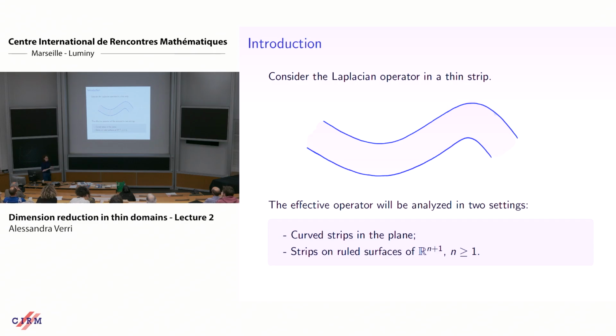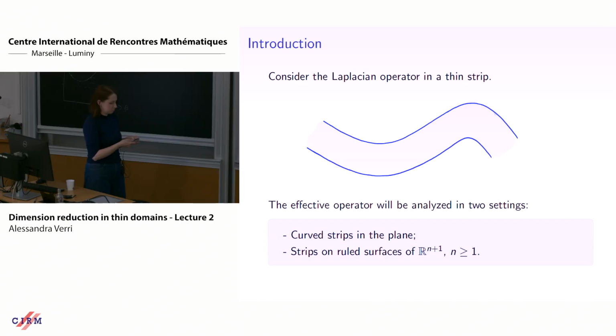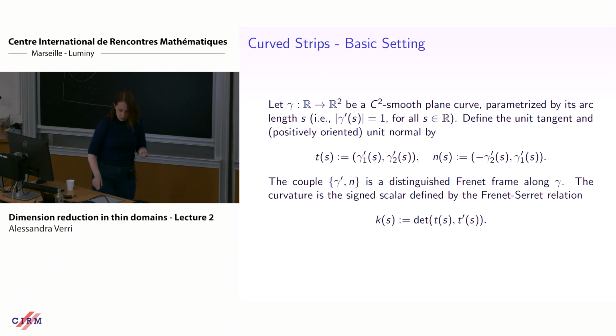So, just to start, we are going to give a formal definition of the kinds of regions that we are going to consider today. Here, we start with a curve in the plane, an unbounded curve, gamma.